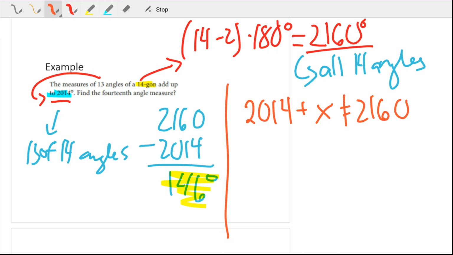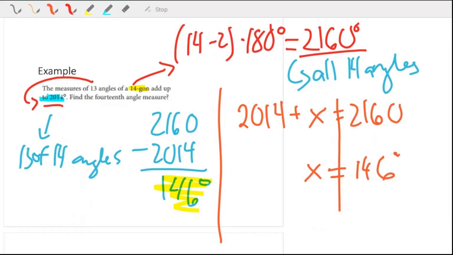So doing it here like this, we can just subtract 2014 on both sides, and that's how we would get the exact same answer. Okay? And so that there is two different ways of solving this. I mean, you don't have to do the equation, but some of us will probably need it just to be 100% sure. And this is going to be the last example.